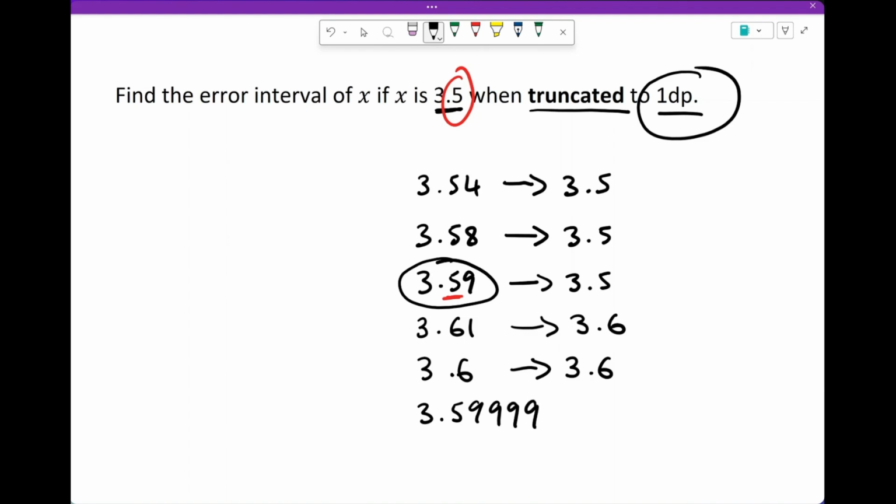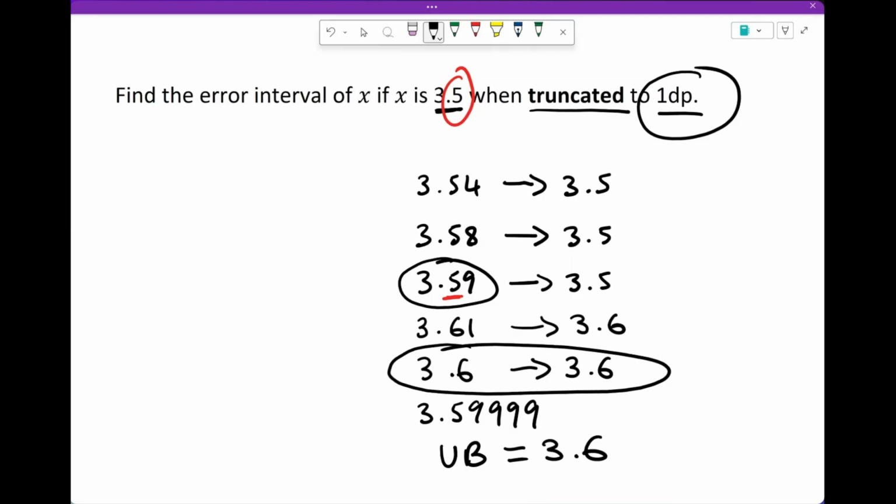So it seems that 3.5 and then 9, 9, 9, 9, 9, 9, and so on would truncate to 3.5. Therefore, our upper bound is going to be equal to 3.6. Even though this technically doesn't truncate to 3.5, as we saw here, this number is the upper limit, so it is the upper bound.